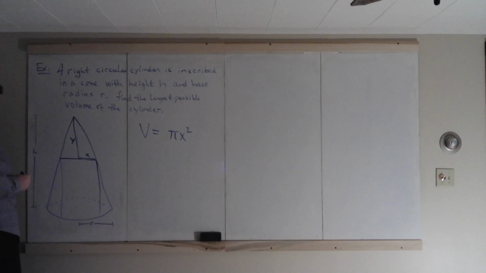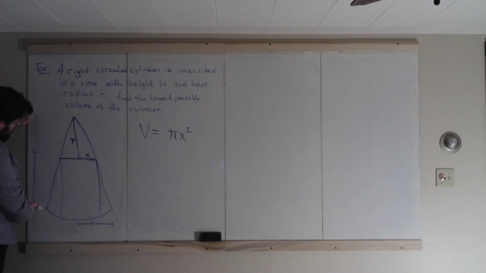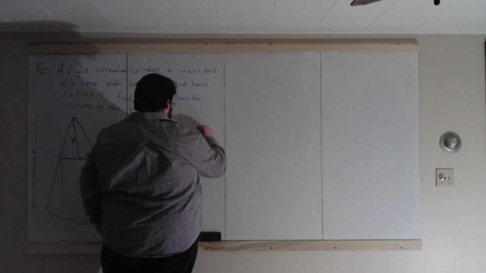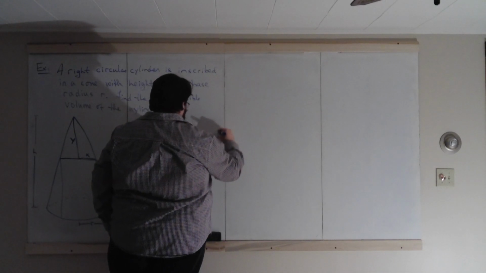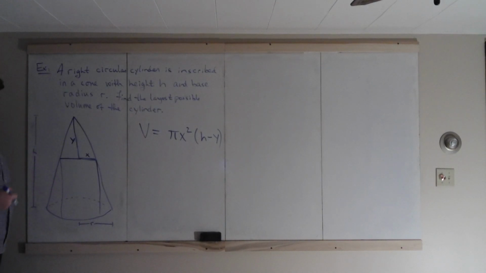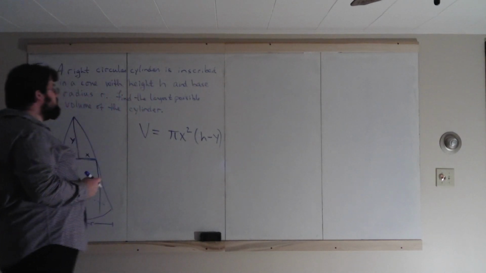What's the height of the cylinder? Well, the height of the cylinder is this distance, which is all of h without y. So the volume is pi x squared times h minus y.